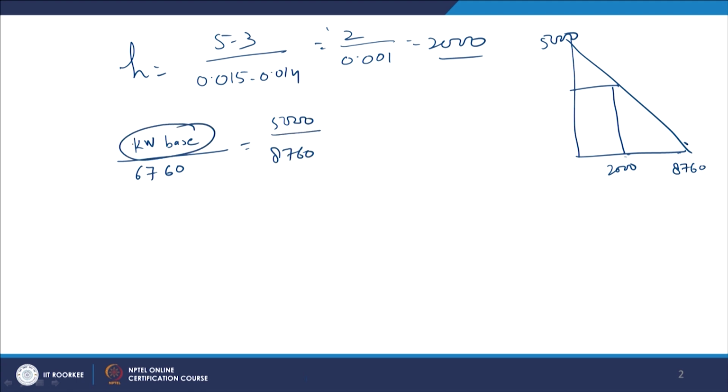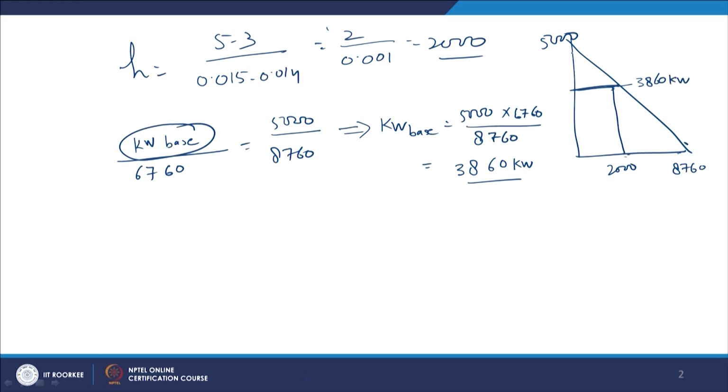So, the base kilowatt is 5000 multiplied by 6760 divided by 8760, and the base kilowatt is going to be 3860 kilowatt, right.